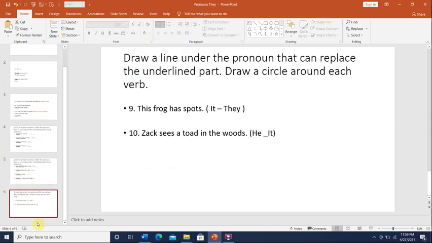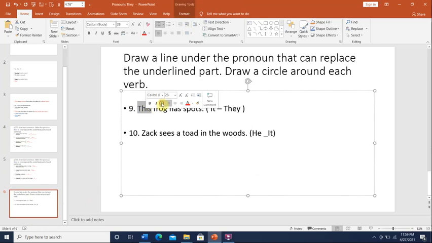Okay? For 9 and 10, it says draw a line under the pronoun that can replace the underlined part. And draw a circle around the verb. So the underlined parts, I'm sorry I forgot to underline it. It's supposed to be this frog. What pronoun can I use to replace this frog?